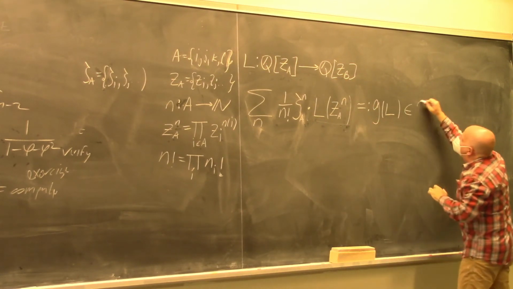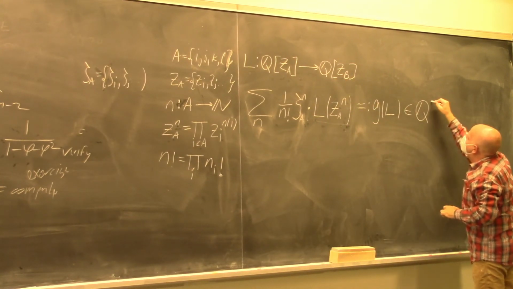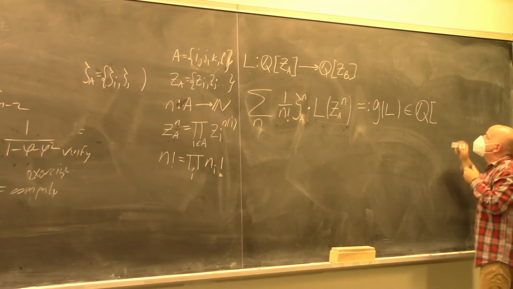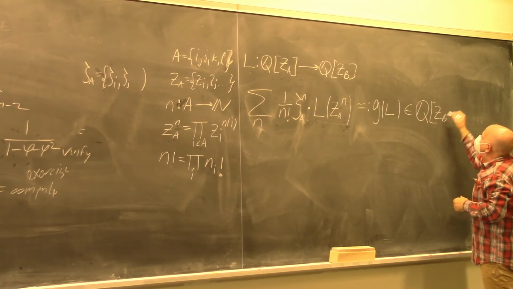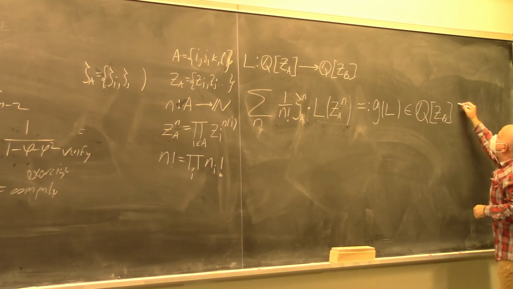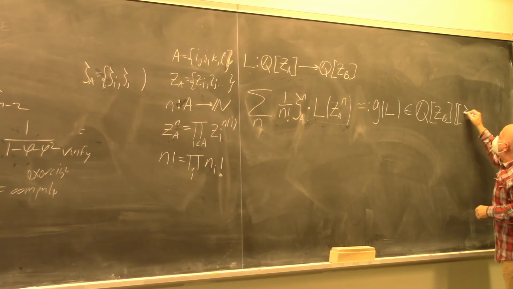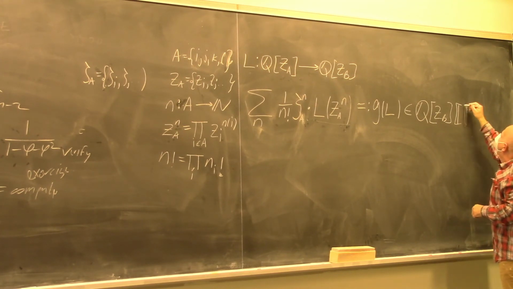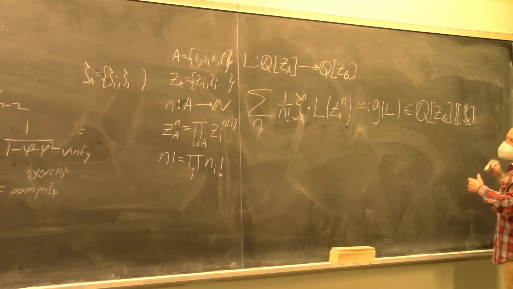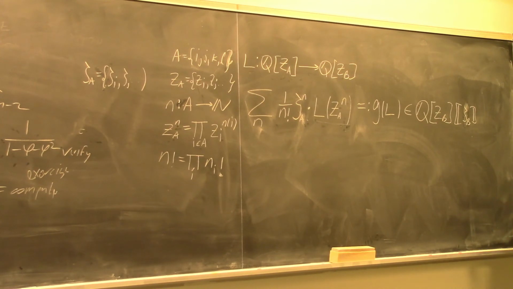So this belongs to the ring of polynomials in the z variables extended to be power series; the standard notation should be read in the opposite order in which it is written.